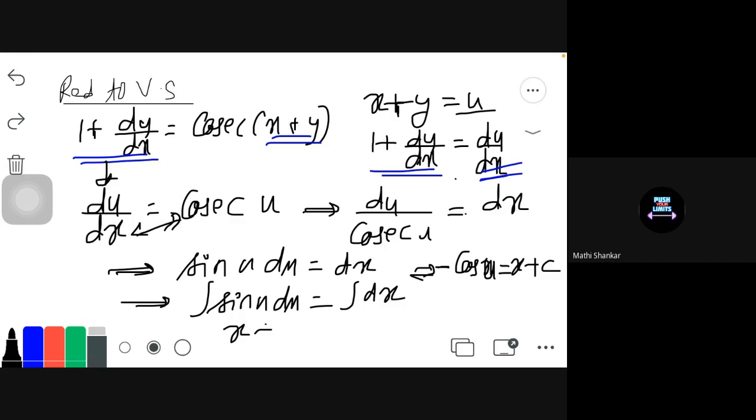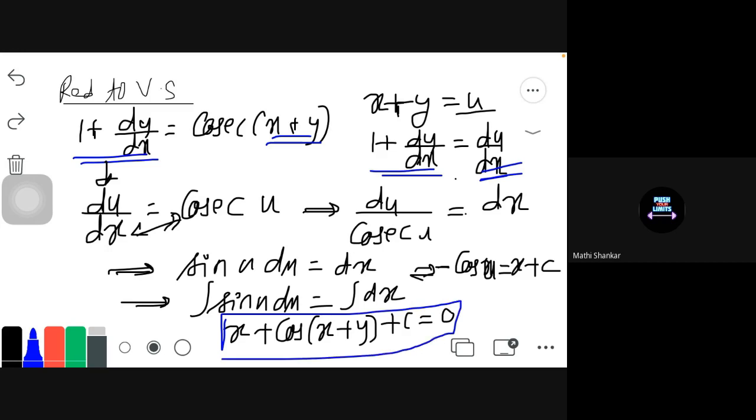So I'll get x plus cos of u, that is nothing but x plus y, plus c equals to 0. So this is the required solution to the differential equation. Okay, x plus cos of x plus y plus c equal to 0. Okay, I hope you have understood how we can substitute and convert the given equation into variable separable form.